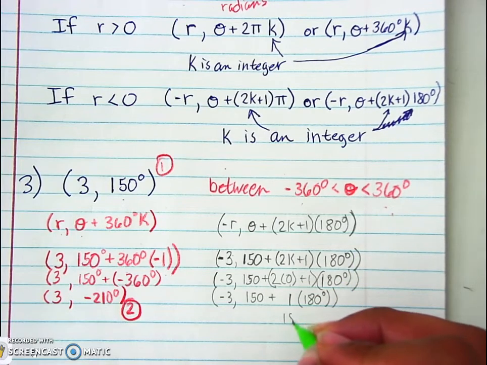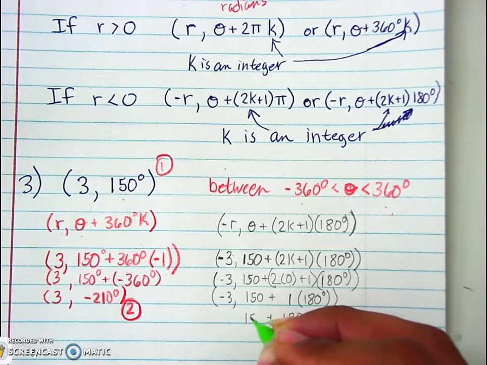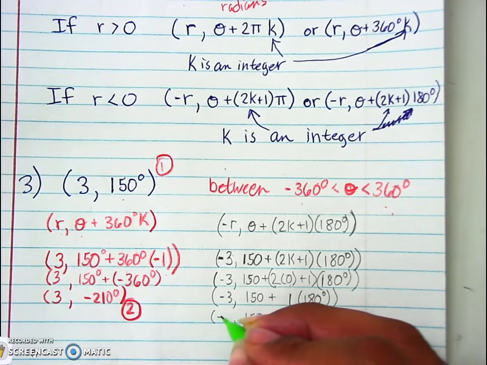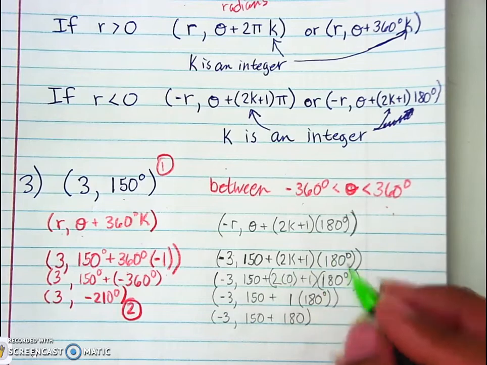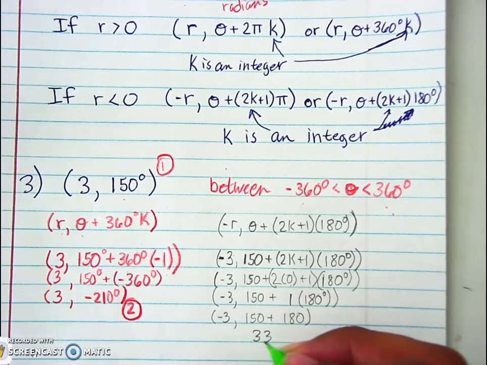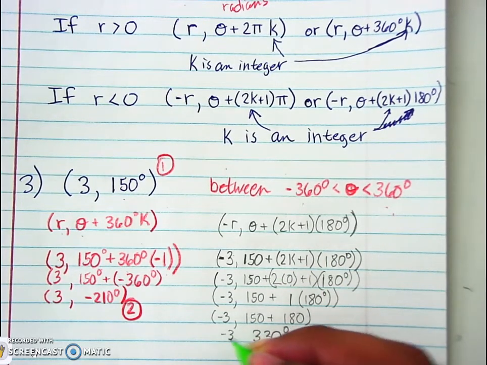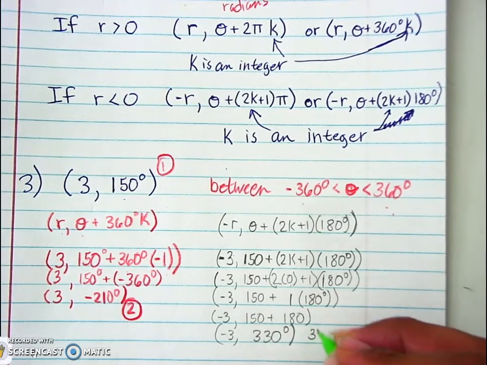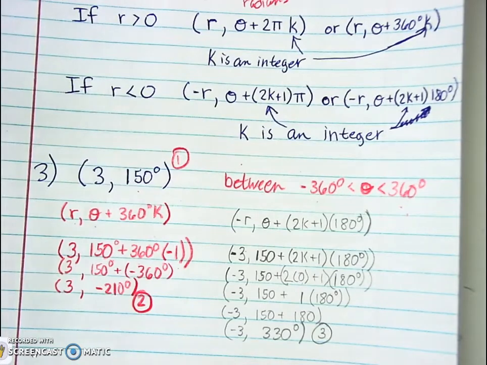So 180 plus 150, is that still between positive and negative 360? Yes, that's 330 degrees. Okay, so that's our third one. So we have 1, 2, 3, and then it says do 4 of them.